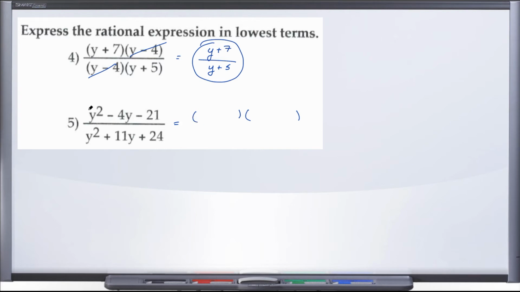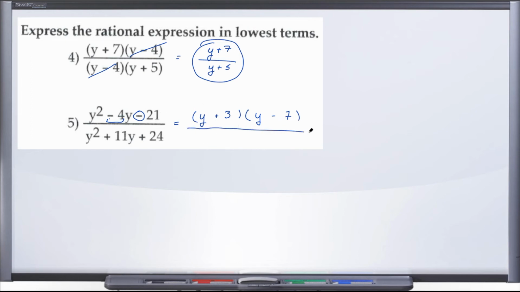First and foremost, we're working with y, so let's break that y down. So y and y. And now again, factors of 21 that subtract to give us negative 4. Well, how about a plus 3 and a minus 7? 3 minus 7 gives us negative 4. And now 3 times negative 7 gives us negative 21.